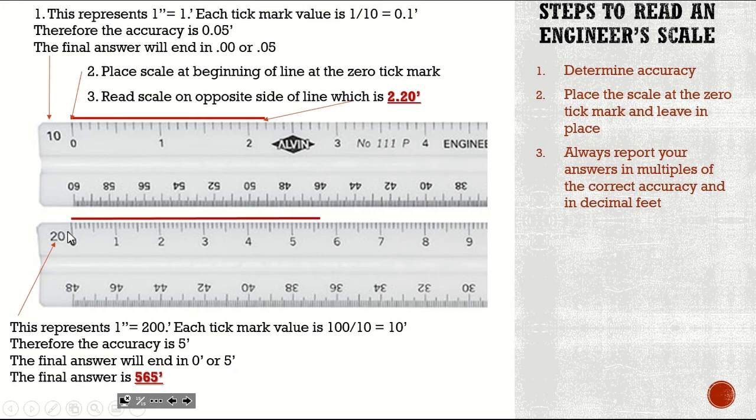Okay, so now if I look here, 100, 200, 300, 400, 500, 550, 560, halfway between 560 and 570, 565 feet. Okay? All right, so a lot covered here.